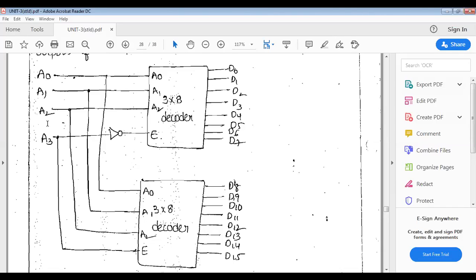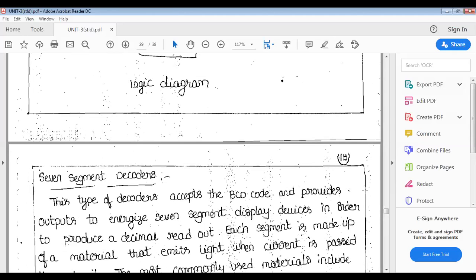Now when I give 1, the inverter output is 0, and this is a disable, while the 1 goes directly to the enable here, and the lower 3 to 8 decoder is enabled. Whenever a decoder is enabled, it gives outputs according to the inputs A0, A1 and A2. When the upper 3 to 8 decoder is enabled and the lower one is disabled, the outputs D8 to D15 are 0 values.